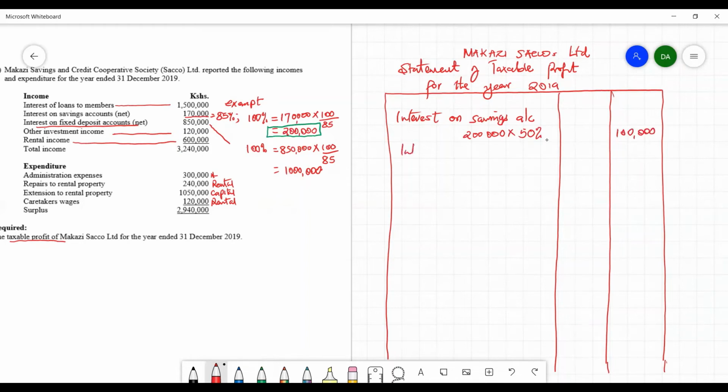Interest on fixed deposit account. Interest on fixed deposit account is also taxable, but only 50% is taxable. Therefore, we have 1 million multiplied by 50%, because this is an example of interest income from non-members, therefore 500,000.